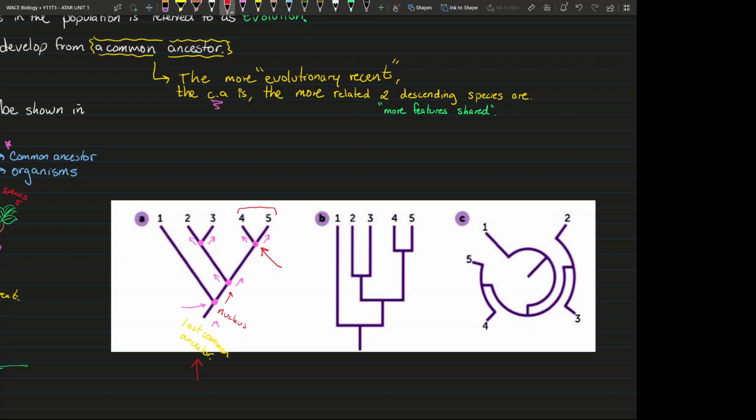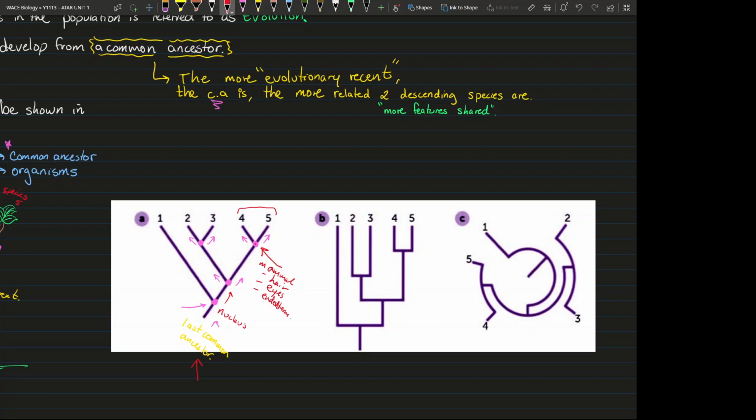Let's say this is a mammal, right? This is a mammal, and we have hair, we have eyes, we're endotherms, okay, we're warm-blooded organisms.